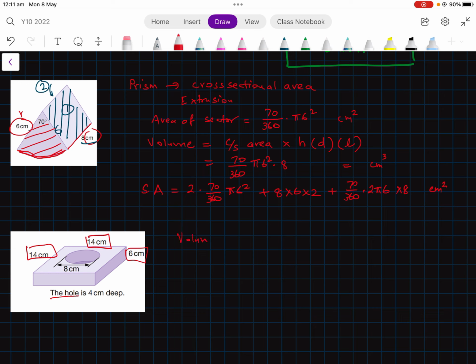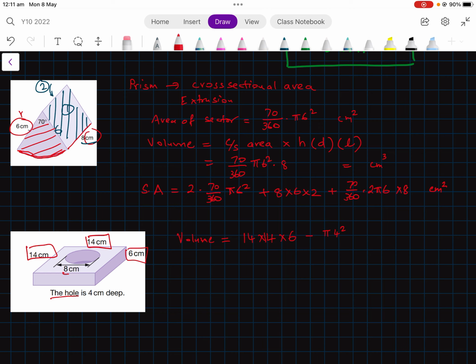So volume of this solid is 14 by 14 by 6, correct? And take away the cylinder that has been taken out. The radius of the cylinder is 4. So I have pi 4 square, pi r square. What is the height?